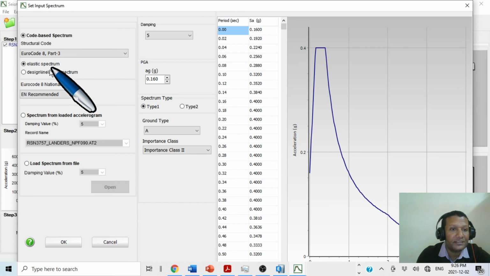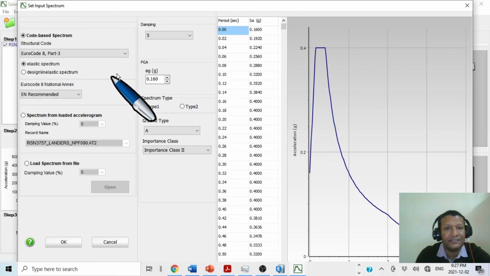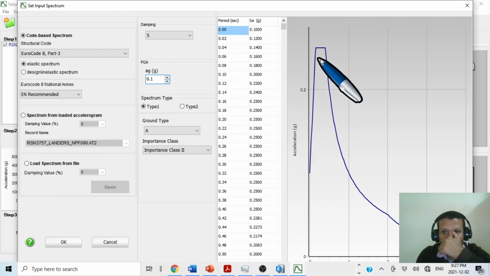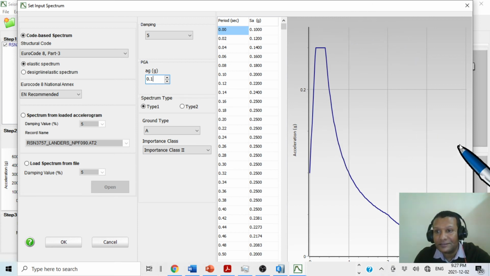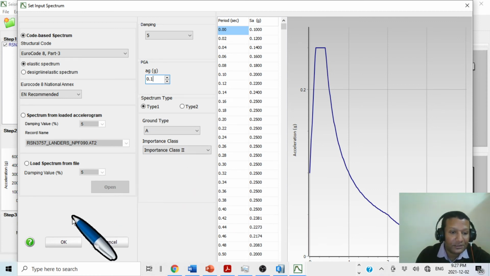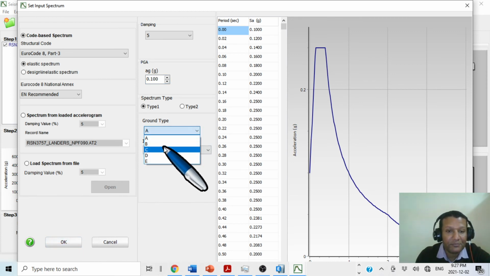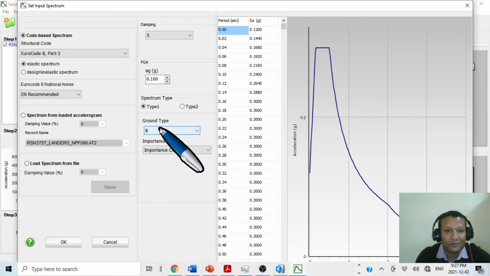We can use this one, elastic spectrum, if you want to design in elastic. Damping is 5. Then this is the peak ground acceleration. For us it is around 0.3. This is only 4 seconds, you see, because mine is a student version, it will not go above 4 seconds. Once it's okay, then the ground type A, B, C, D, for us it is B.